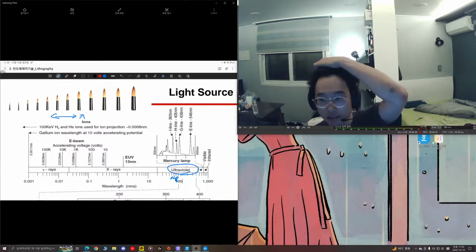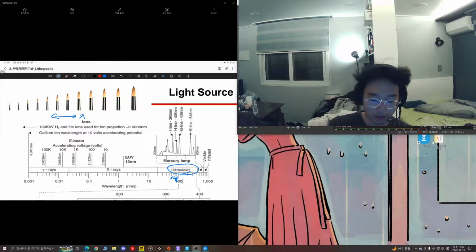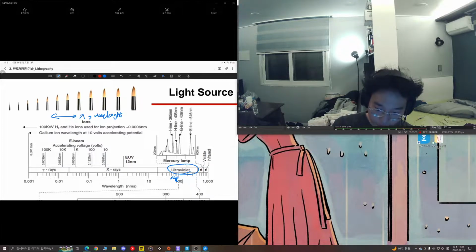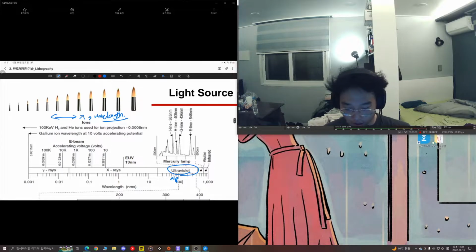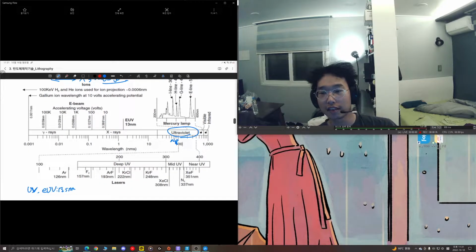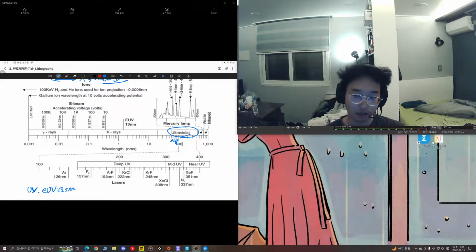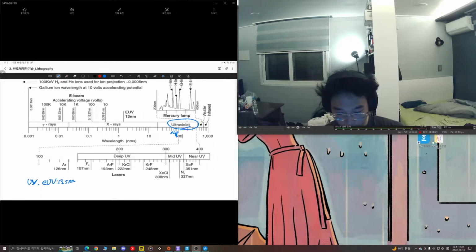Light source is about the wavelength we use in lithography. When your wavelength is smaller, you can make semiconductors more accurately.